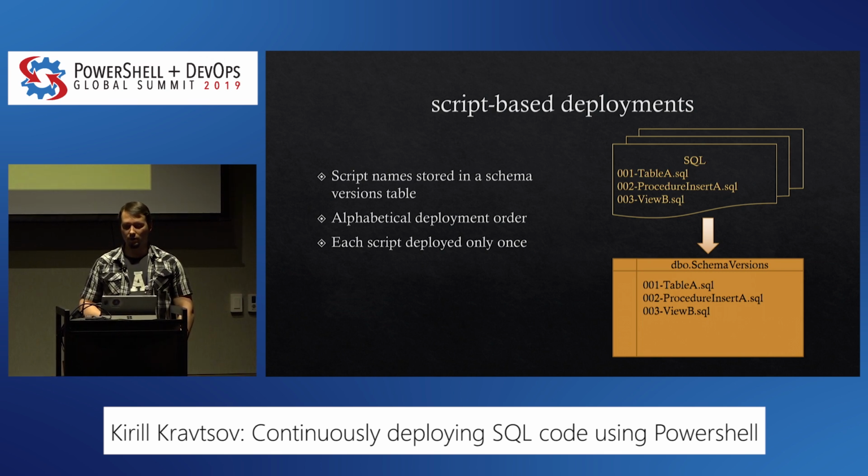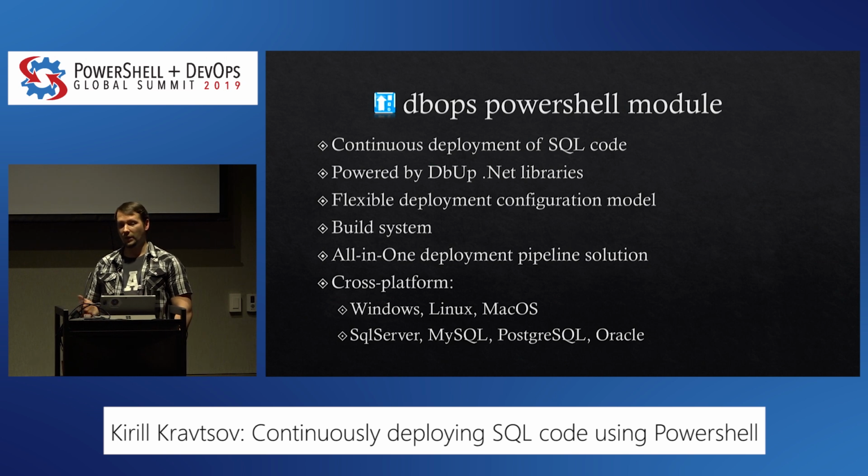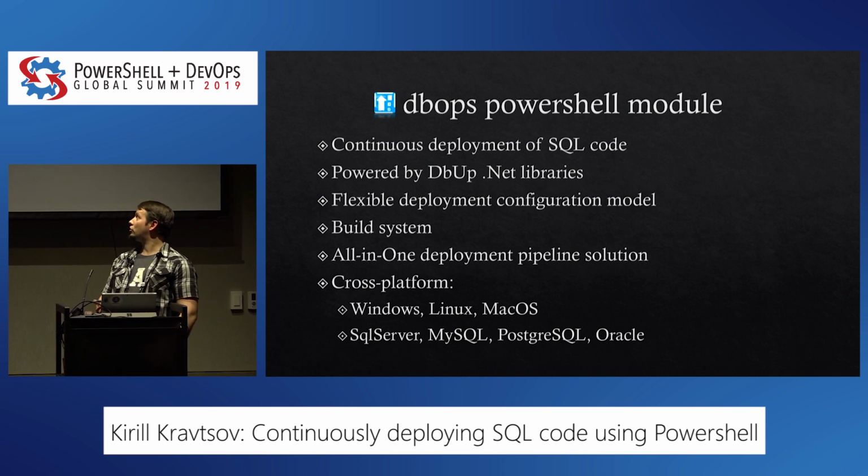So until recently, there was no PowerShell solution to this. Ever since the beginning of previous year, I've started working on the DBOps PowerShell module, and basically this is the task it wants to solve. It is continuous deployment of SQL code from plain text files.